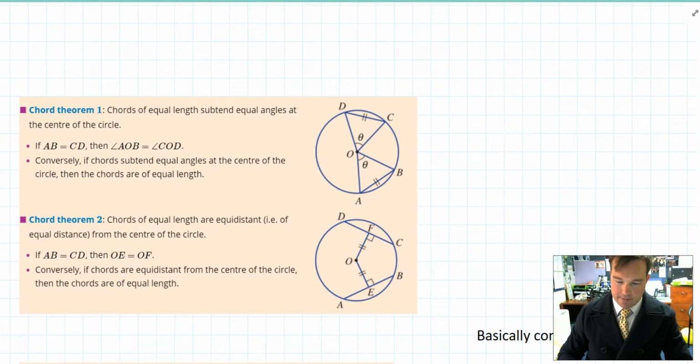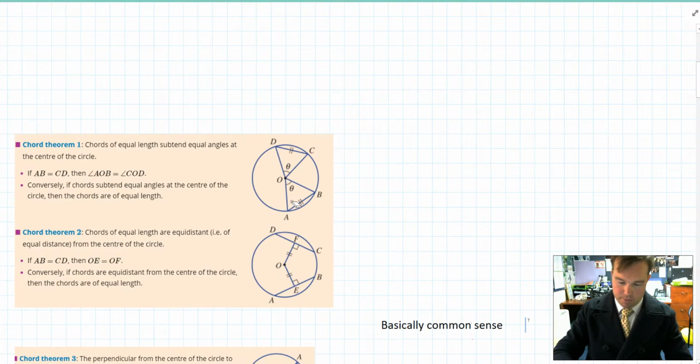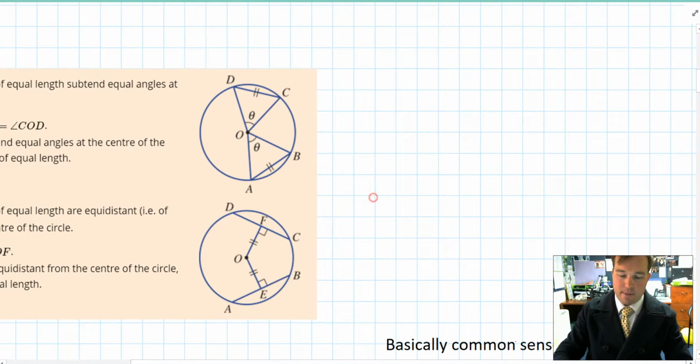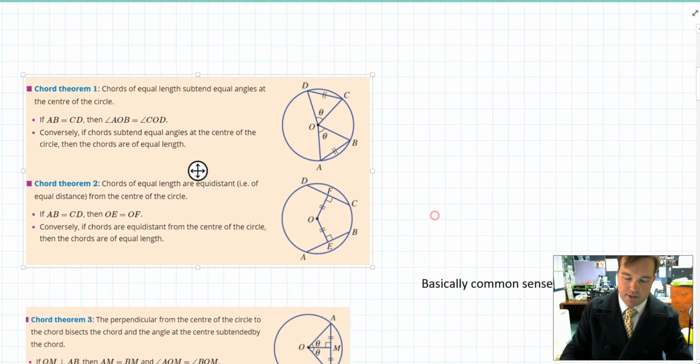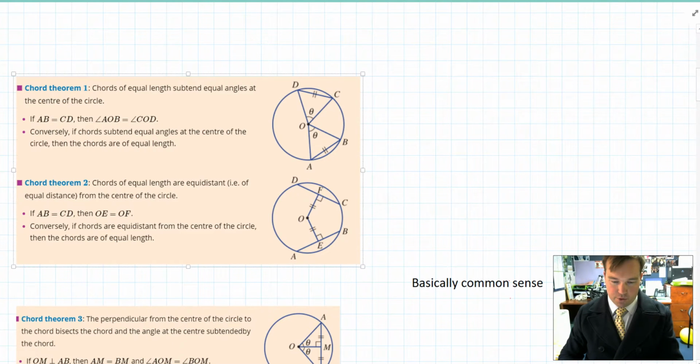What this is saying is that if you know this angle, and you know this angle, and you know they're the same, therefore you can say this chord is equal in length to that chord. Or another way of saying it is, if you know chord AB and DC are the same length, therefore you know the angles at the center are the same. So basically, if you know one of those things, the other is also true.